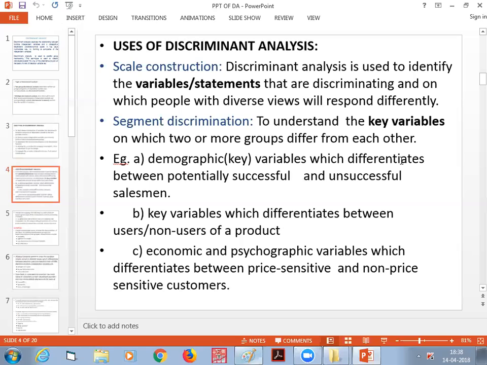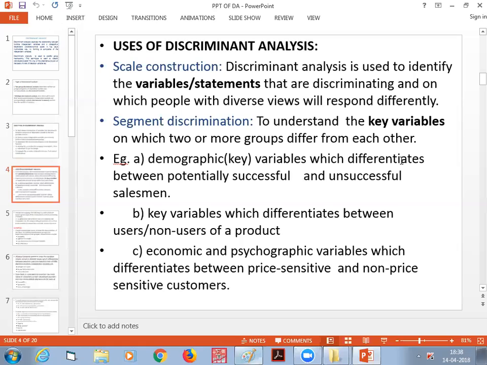See, whenever you go for model developing, that is what it means, as I said. First, we develop a model with the help of some sample data. Let us say some 100 observations, we develop a model. What about the 101st observation if he comes? Whether he belongs to this group or that group. For that we go for validating the model.